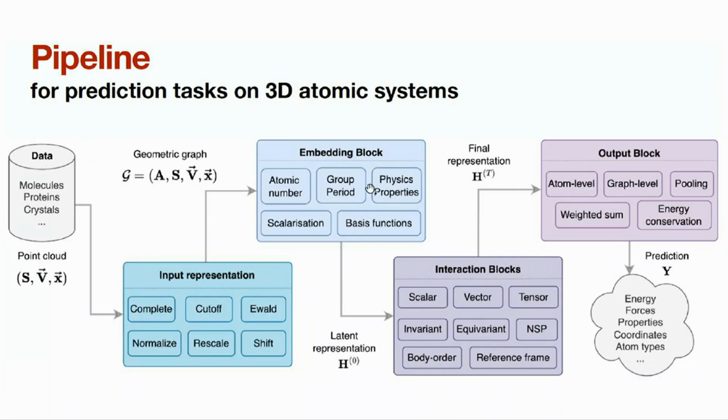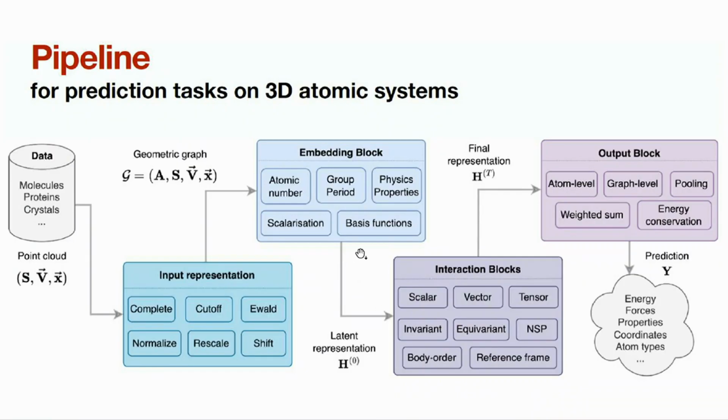We want to build these embedding blocks, which are basically the message computation network that tries to make use of these geometric and scalar features and turn them into intermediate representations that correspond to some of this biophysics that we think is important.